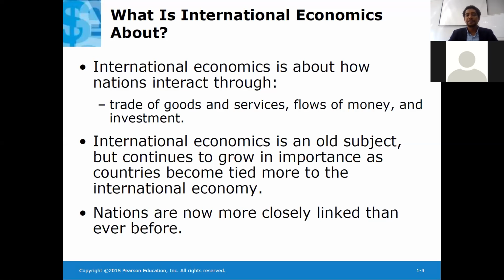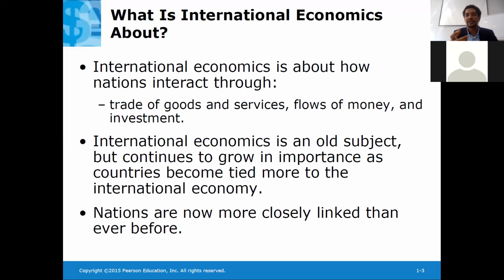Okay, so international economics is about how nations interact through trade in goods and services, through the flow of money, and through investment. Okay, so this is what has created a great link between nations: the trade of goods and services, the flow of money, and the investment.